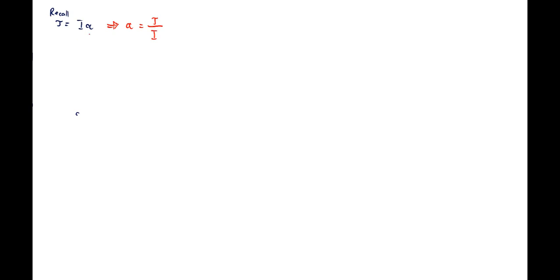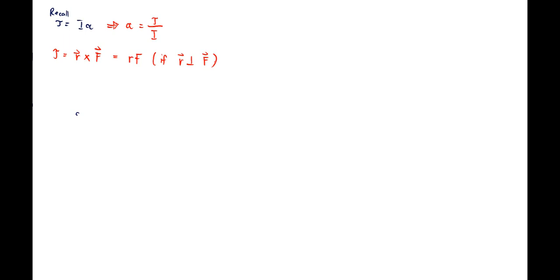Okay. Now, note also that torque can be obtained using this equation. So we have R cross F, or if your vector R is perpendicular with the force vector, then this can just be written as R times F. So this is if R is perpendicular with F, which is the case.